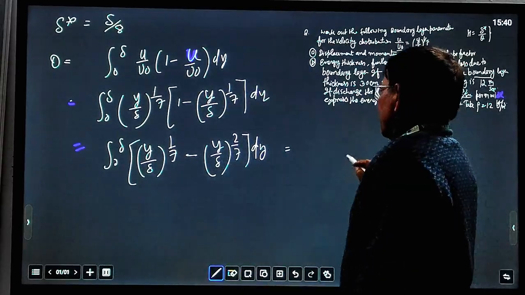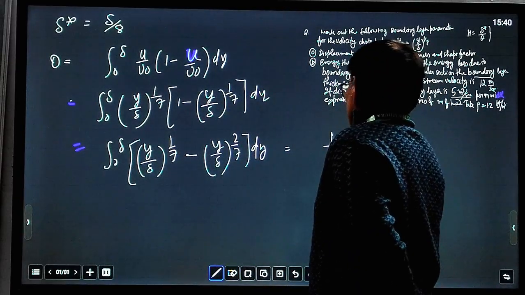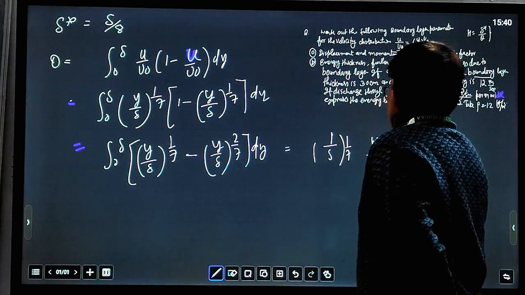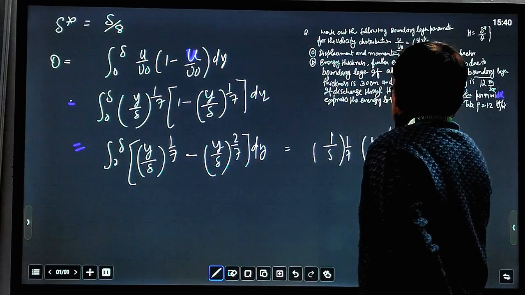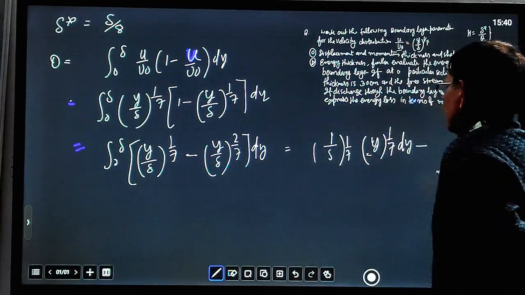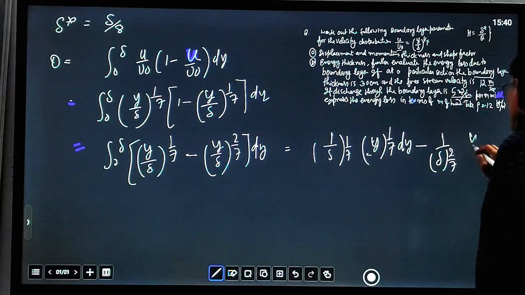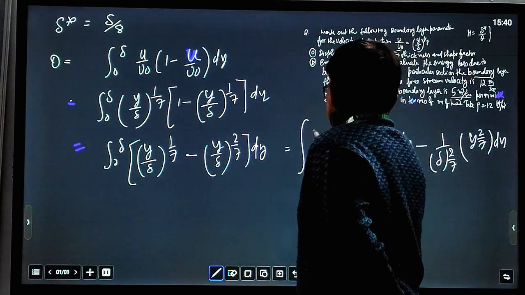Now simplifying it: 1 upon del to power 1/7 into y to power 1/7 dy, minus 1 upon del to power 2/7 and y to power 2/7 dy, integration 0 to del.